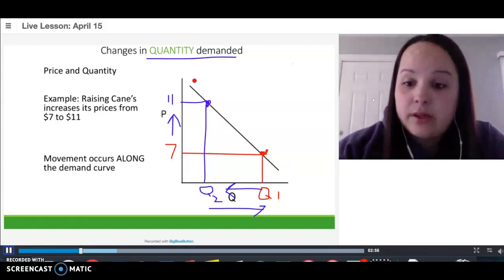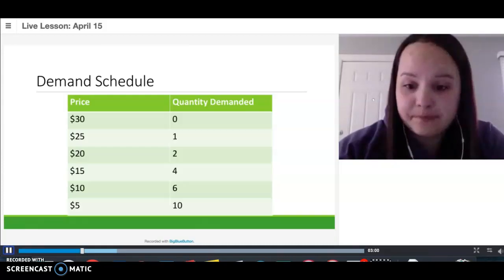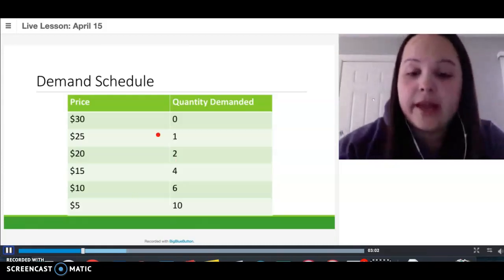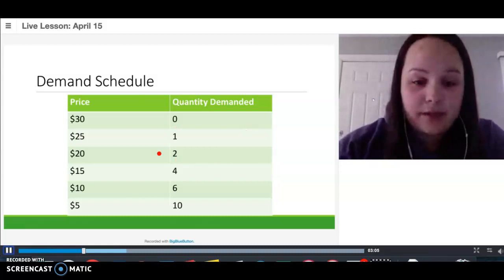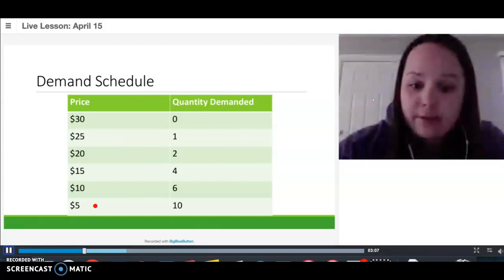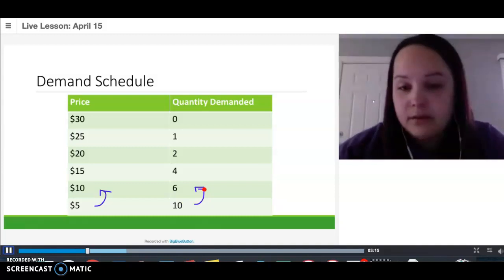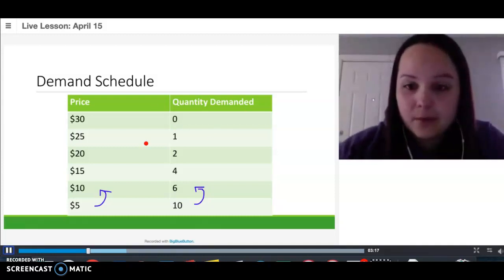And the only thing that can change quantity demanded is a change in price, which is also demonstrated again through the demand schedule that we looked at yesterday. So again, if the price of a product is increasing, if we go from $5 to $10, the quantity demanded will decrease. So instead of demanding 10, the demand goes down to 6, okay?